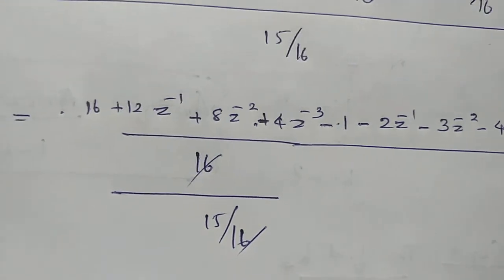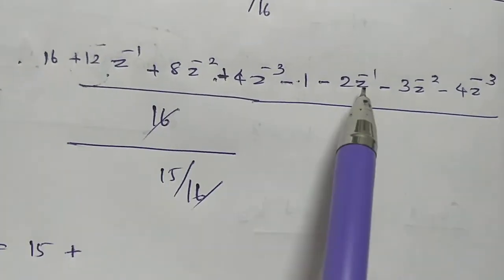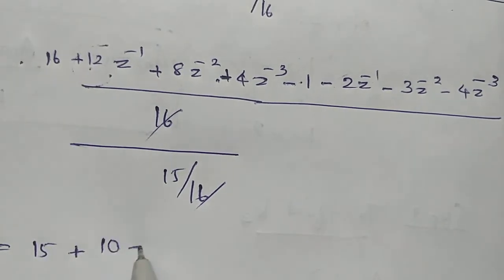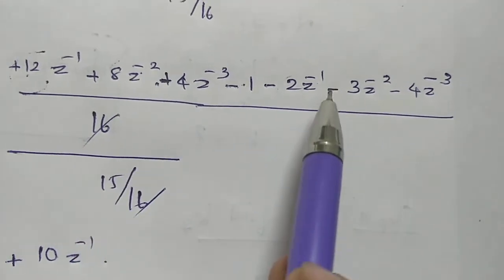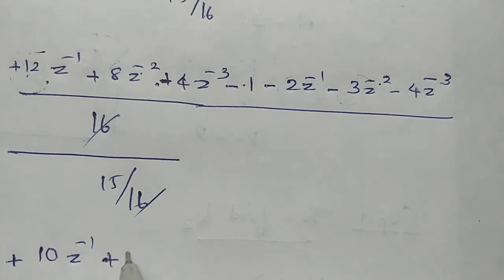Plus, then 12 z inverse and minus 2 z inverse. So 12 minus 2, 10 z inverse. Then 8 z raised to minus 2 and minus 3 z raised to minus 2, that is plus 5 z raised to minus 2.